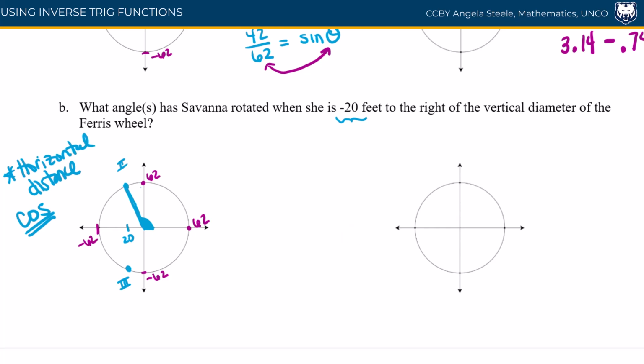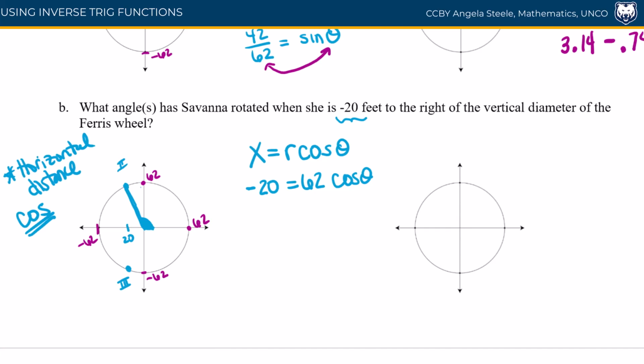Okay, so that means that we're going to use the equation x for horizontal distance, r cosine theta. So our x value is going to be negative 20 equals, our radius was 62, cosine theta.